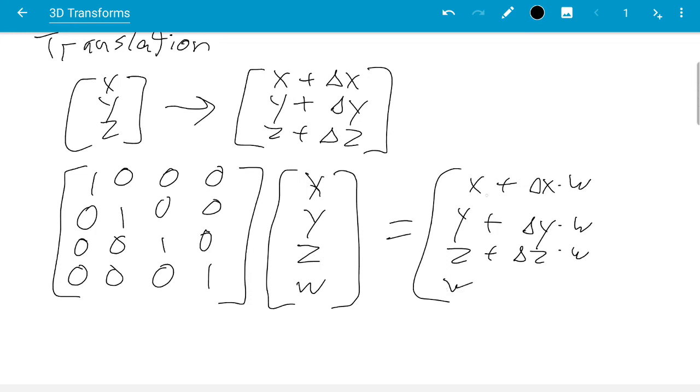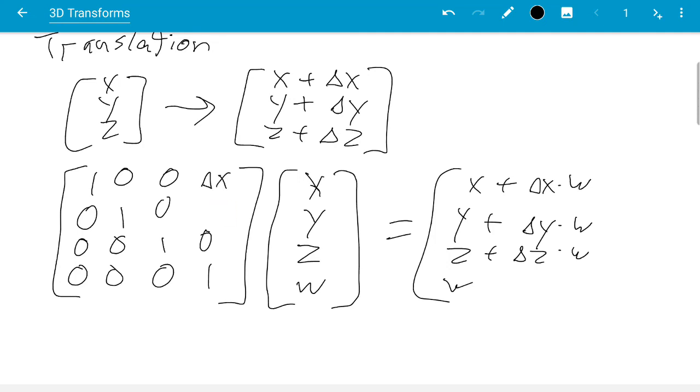So we want something that's going to multiply each of these by w. If we follow through with our math, 1 times x, 0 times y, 0 times z, and then this times the w. So in our first row, I want this to be delta x.